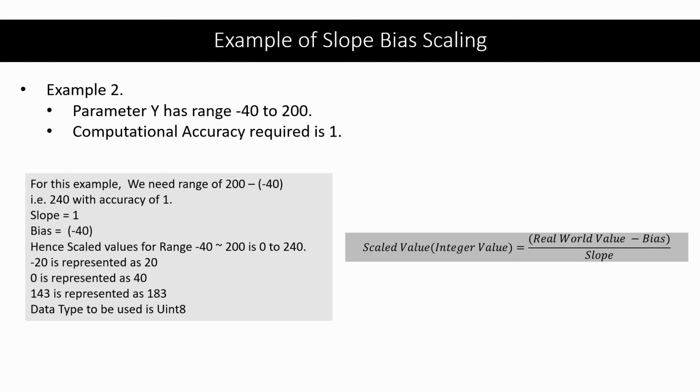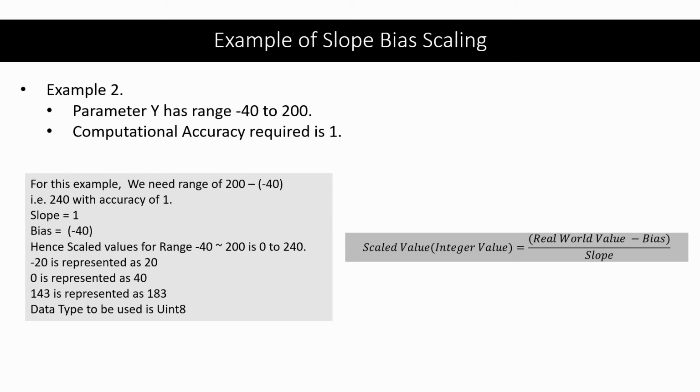In another example, the parameter y has a range of minus 40 to 200 and computational accuracy is 1. So in this example, the total range is 200 minus 40, that is 240, with accuracy of 1. So we can put this value in unsigned integer 8 with slope as 1 and bias as minus 40.